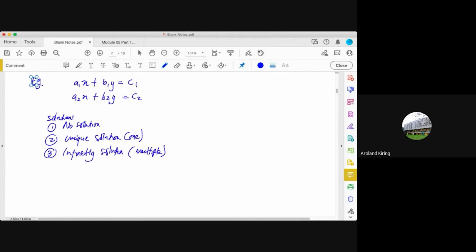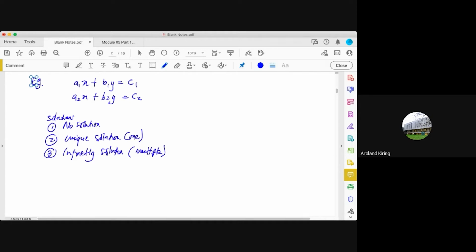Your x and y can take different values, but at the same time it still results in C. So this is the type of solution you would expect when you solve using a linear system approach.